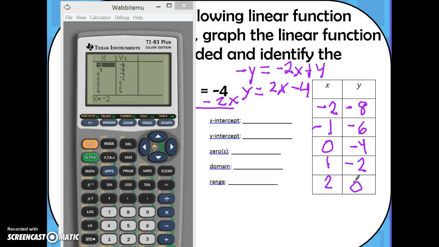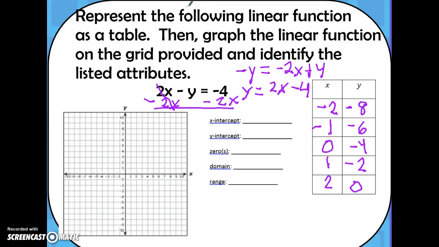Okay, once we get that, we can graph it. So we have the point negative 2, negative 8 is to the left 2 and down 8. And negative 1, negative 6 is to the left 1 and down 6.